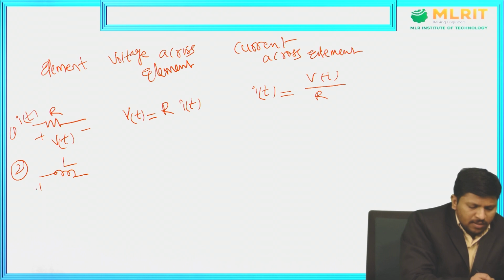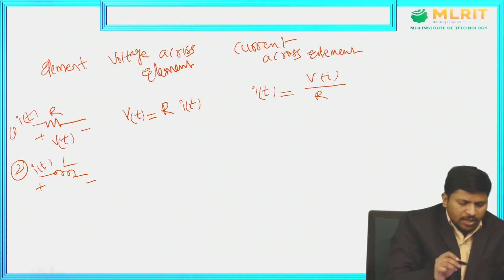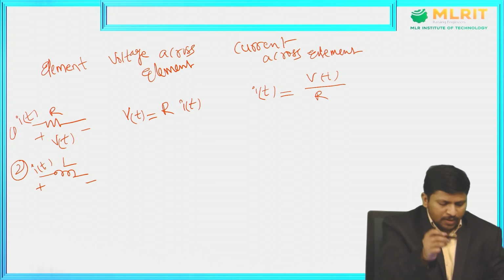Next, the second element is the inductor L. I of t is the current flowing through the inductor.